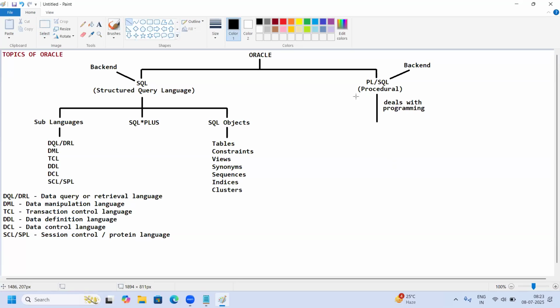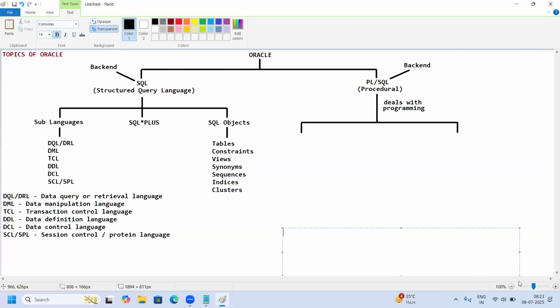And one more thing. Under PL SQL, Oracle Corporation has made available two modules. One module is named anonymous or unnamed blocks.